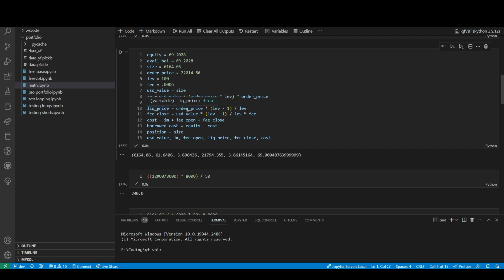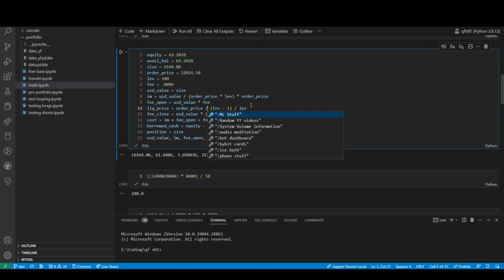Oh no, this is bankruptcy. Okay, yeah, no, of course. So our entry price divided by 1 plus IM minus 0.005.